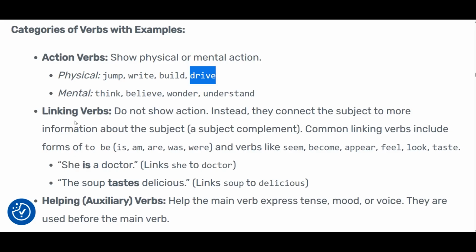Then there are linking verbs. They do not show action. Instead, they connect the subject to more information about the subject, a subject complement.